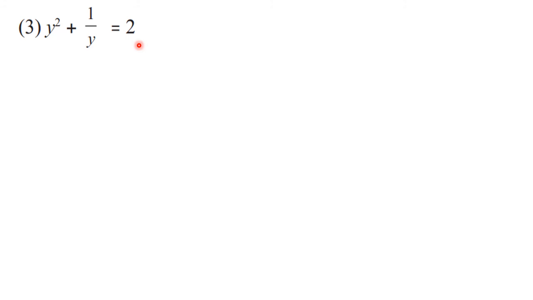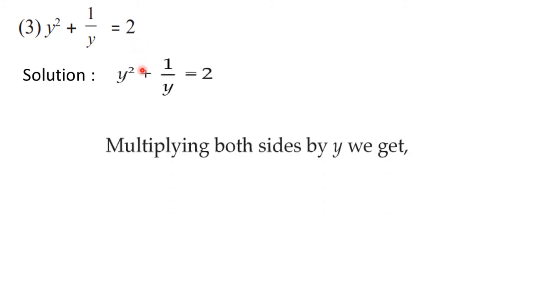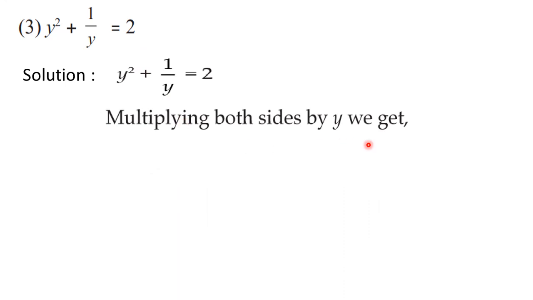So that is your first statement: multiplying both sides by y. When you multiply y into y square, you get y cube. When you multiply here, y and y get cancelled and you get simply 1. And then here you get 2y.